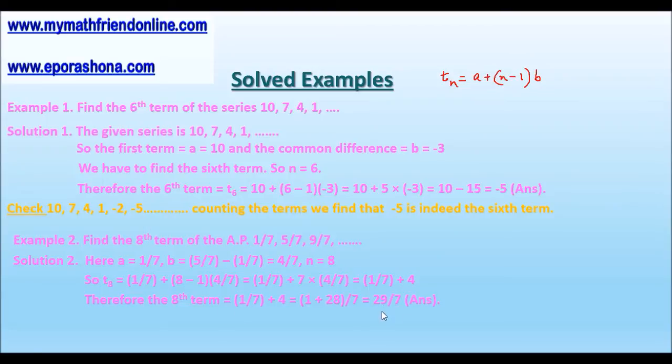So the 8th term of this series 1 by 7, 5 by 7, 9 by 7 and so on will be equal to 29 by 7. We have not checked this answer, but you can verify it for yourself and see whether we have got the correct result or not. Okay? Now let us take up another sum.